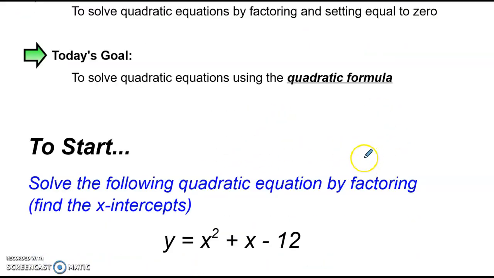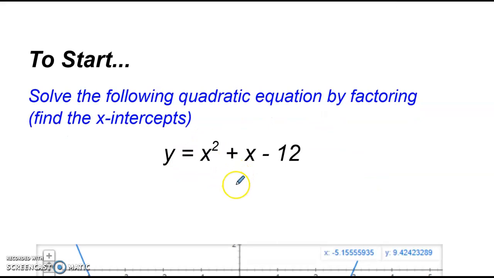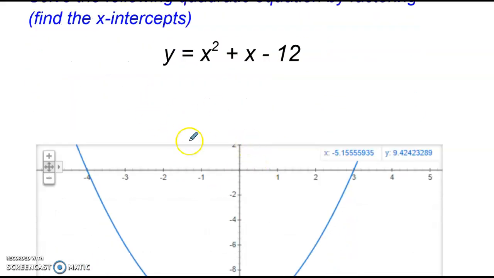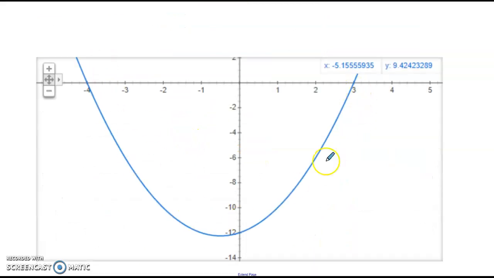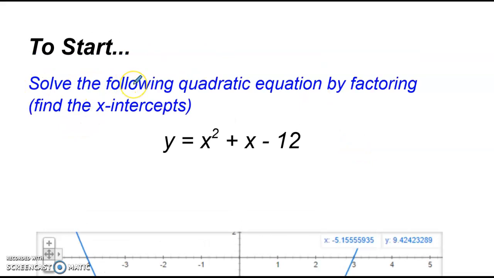Now, to start here, this is actually an equation that was in yesterday's lesson, and I showed you this graph. So here's an example of a quadratic equation. It's just like a function, right? But it's not linear. It has this parabola-shaped graph here. Now, one way to solve this is what we already learned, by factoring.